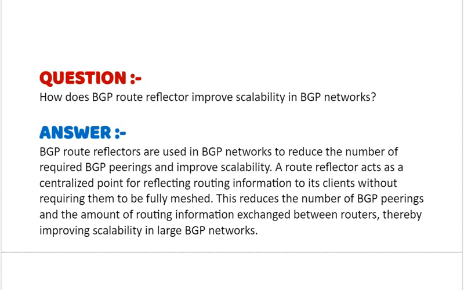A route reflector acts as a centralized point for reflecting routing information to its clients without requiring them to be fully meshed. This reduces the number of BGP peerings and the amount of routing information exchanged between routers, thereby improving scalability in large BGP networks.